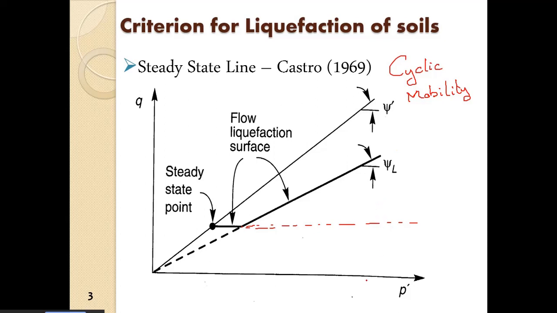Okay, so what will happen is, suppose a point is here and the tau cyclic which we give is not very significantly high.